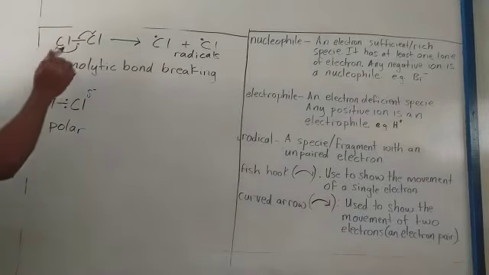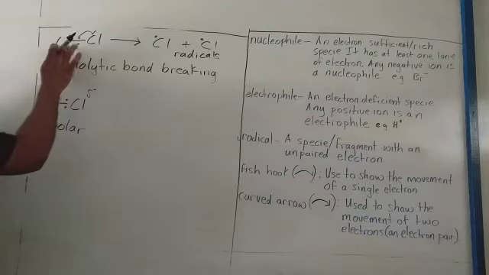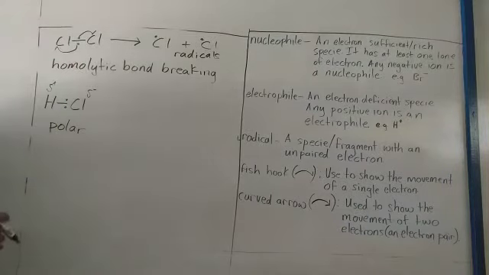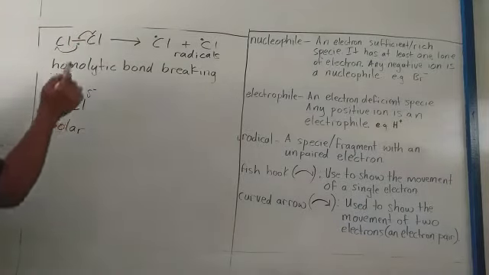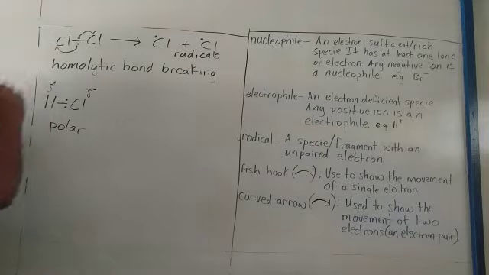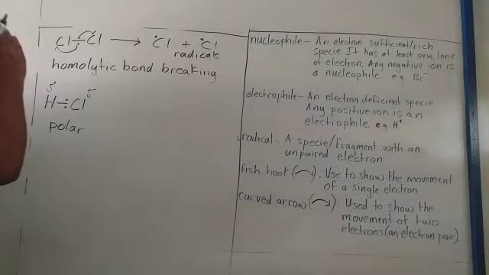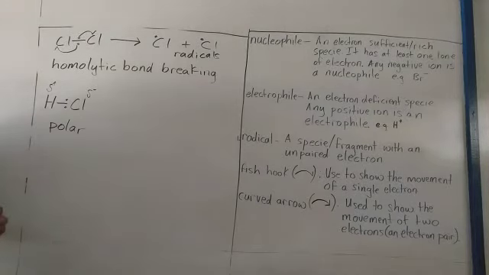The distribution of charge in the Cl2 molecule was equal, so there was no overall negative or positive charge. There was no pole in the molecule, so the molecule was nonpolar.